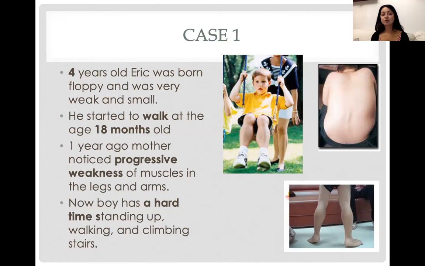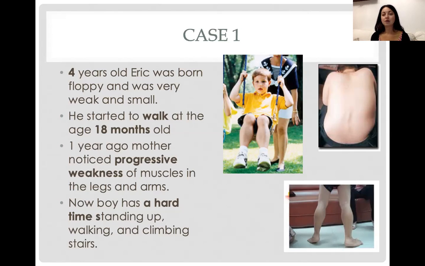Mother tells that starting from the age of 3 years, she noticed progressive weakness of muscles in the legs and arms of the child. Now he is 4 years old, but he has a hard time standing up, walking and climbing stairs.